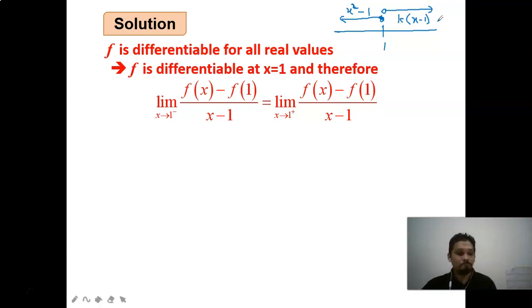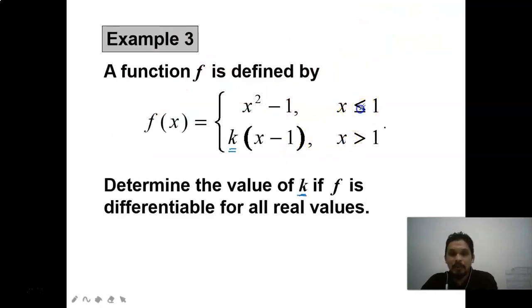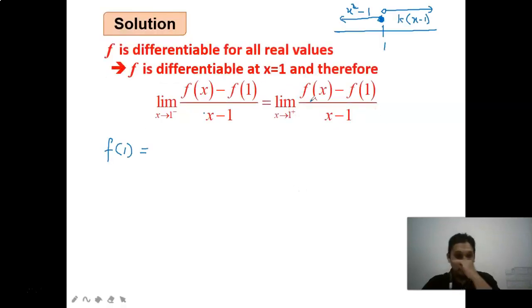Now let's substitute with f(1) here. f(1) equal to this function, because the sign of equal refers to this function x squared minus 1. So it is 1 squared minus 1 equal to 0.